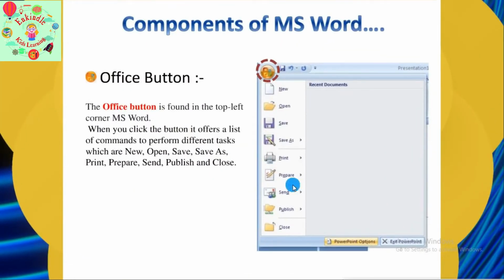The first component of MS Word is the Office button. The Office button is found in the top left corner of MS Word over here. When you click the button, it offers a list of commands to perform different tasks, which are New, Open, Save, Save As, Print, Prepare, Send, Publish and Close.